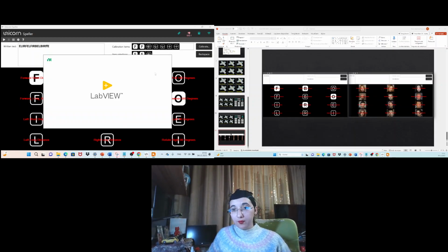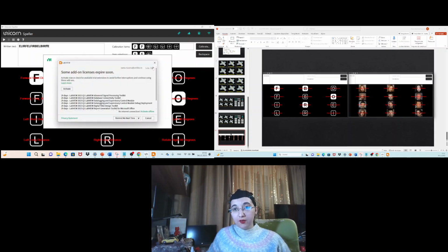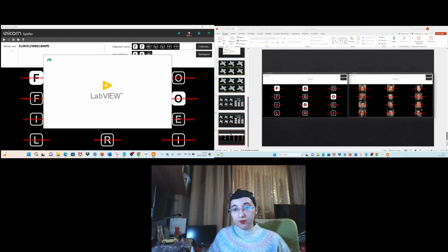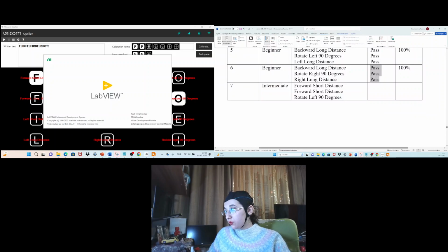Yeah, maybe the 3D performance of my computer is not so advanced. But you could see that the first 3 results were also passed. Okay, let's restart LabVIEW and continue the experiment.